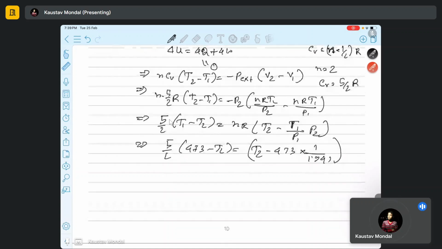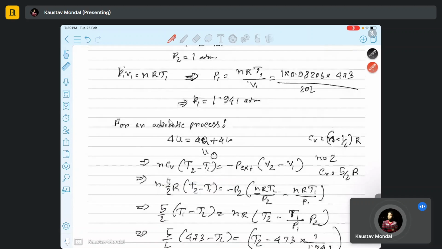If you solve this, it gives T2 equal to 407.48 Kelvin. So this is how we get the value of T2 here.